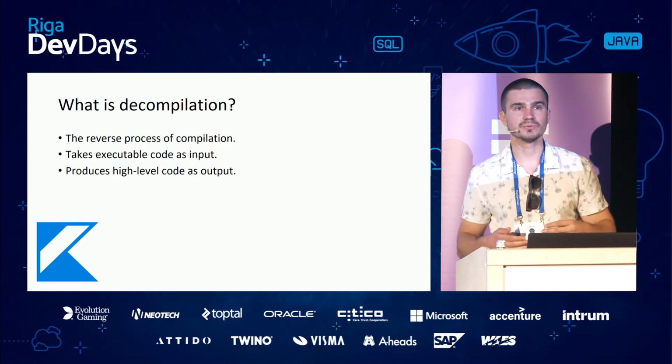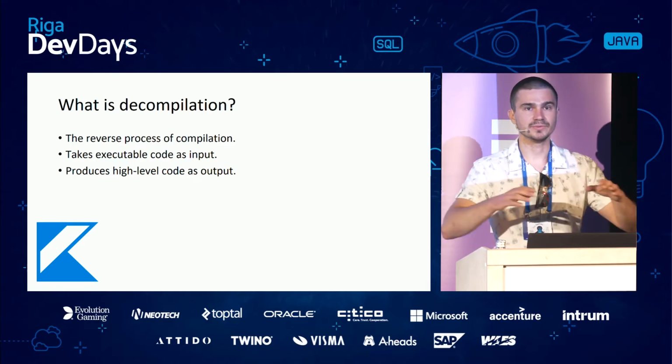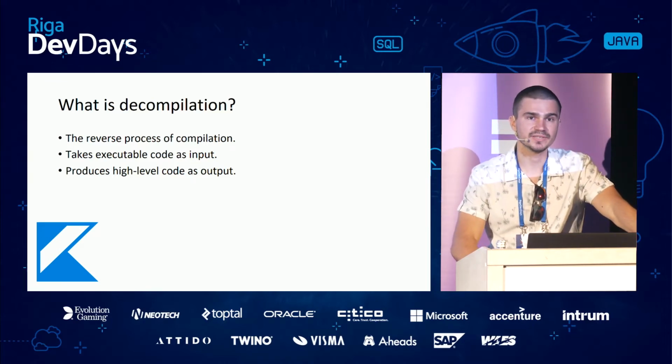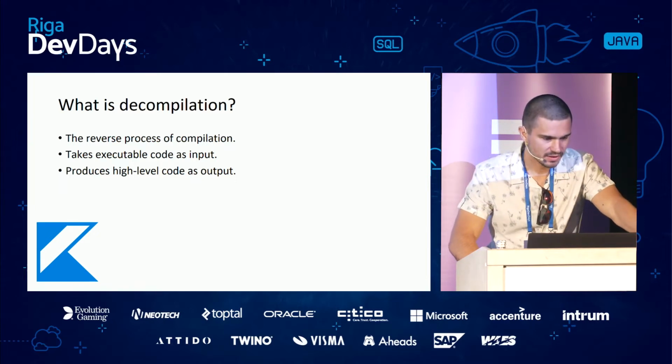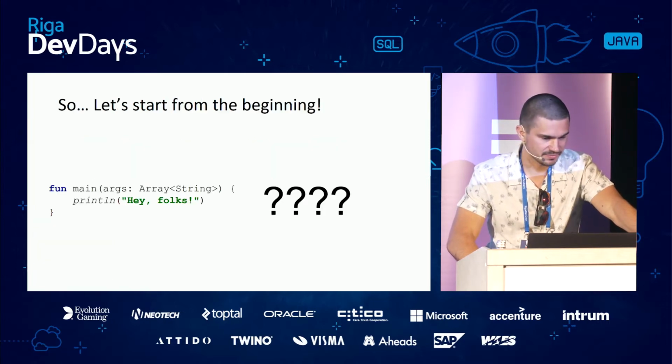So the idea is to compile Kotlin code and decompile it to Java. In this case, we will see the difference between Java and Kotlin, and how Kotlin code will look in Java. Here is just my explanation. Let's skip it because we have a limited amount of time.